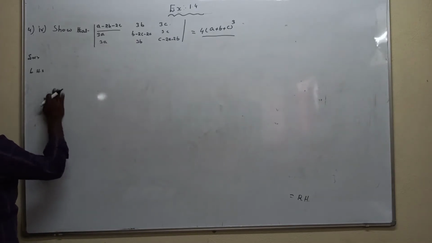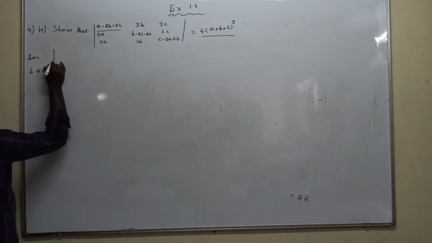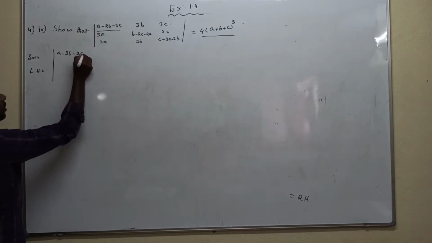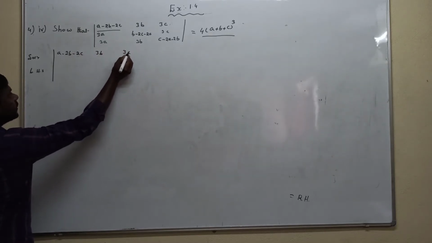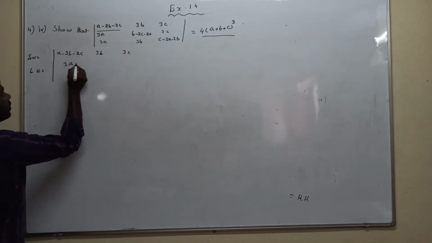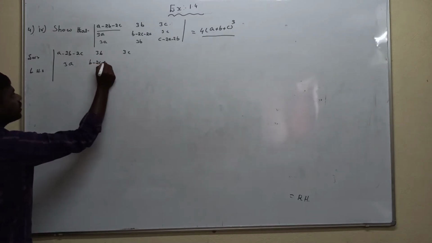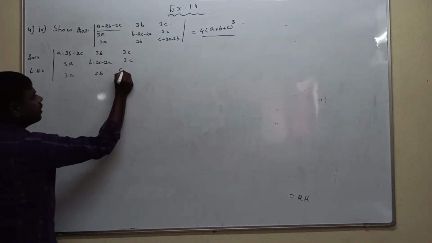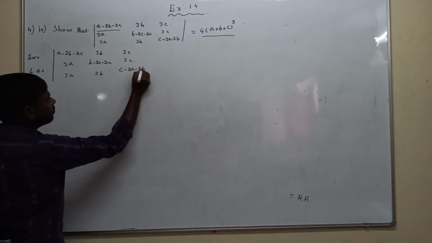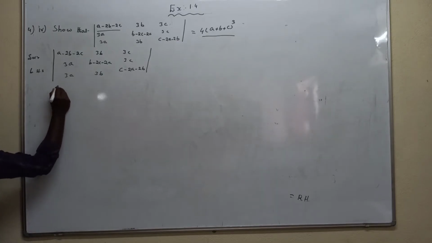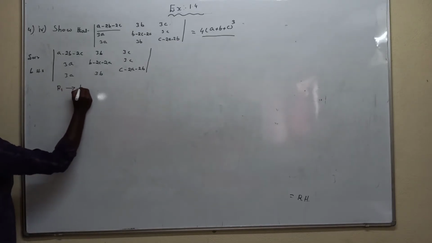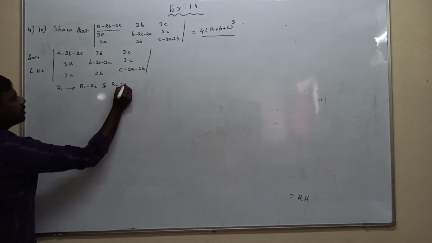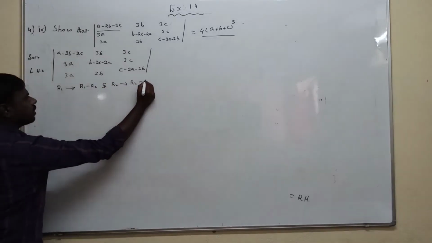See the left hand side. First we are taking the left hand side determinant value: a minus 2b minus 2c, 3b, 3c; 3a, b minus 2c minus 2a, 3c; 3a, 3b, c minus 2a minus 2b. Applying the same condition, R1 changes to R1 minus R2 and R2 changes to R2 minus R3.